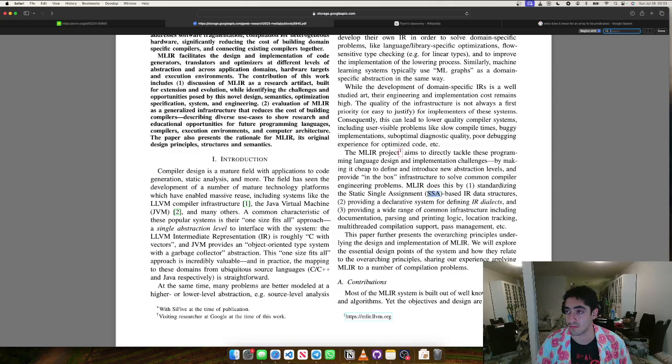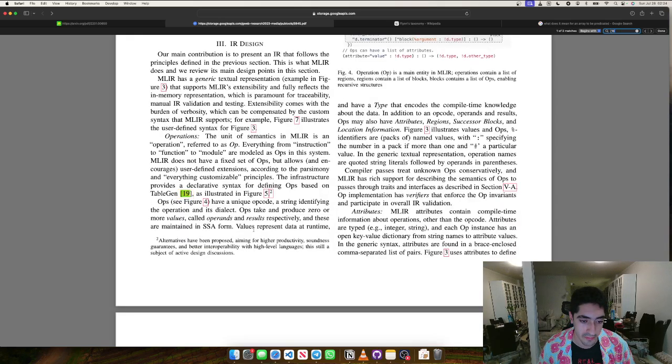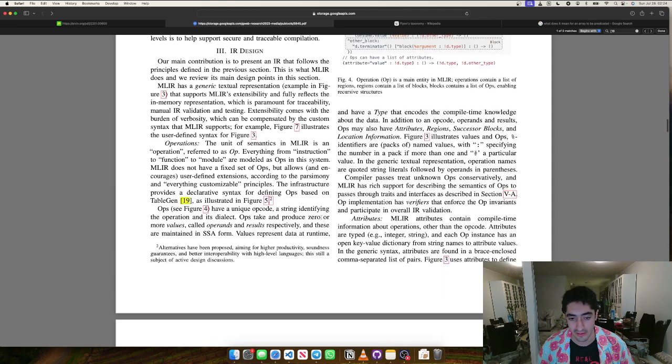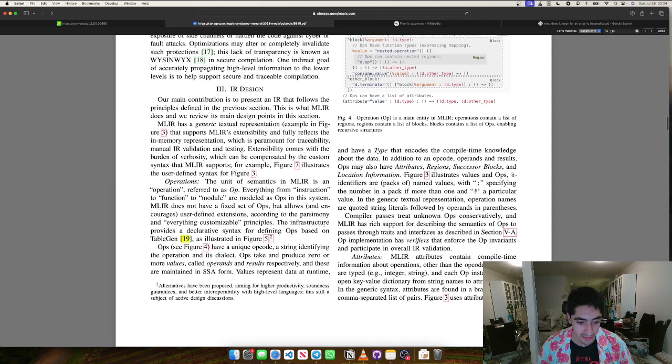Alright, so let's just go back to the 19th thing. Perfect. Okay, ops take and produce 0 or more values called operands and results respectively, and these are maintained in SSA form. Values represent data at runtime. Alternatives have been proposed aiming for higher soundness guarantees, and better interoperability with higher level languages.